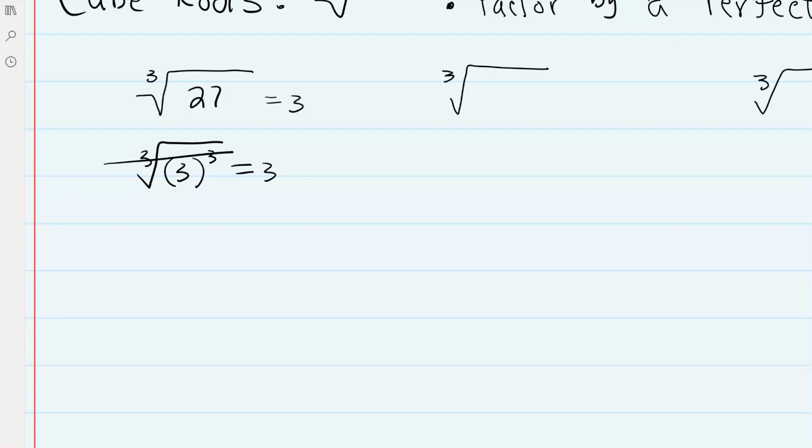So 125, that's the same as the cube root of 5 cubed. Well, the cube root and the cube undo each other, leaving 5 as the result. Okay, for this first video of simplifying radicals, here you have it, and then we'll practice more in the next video.